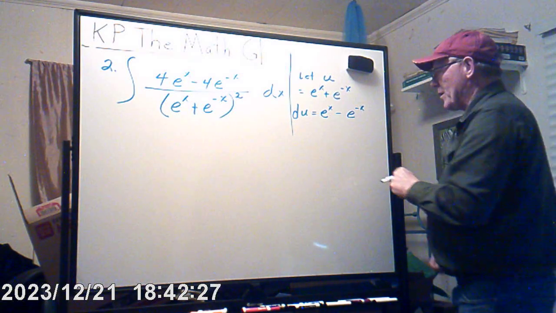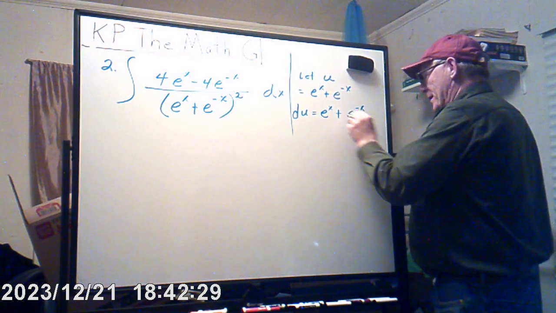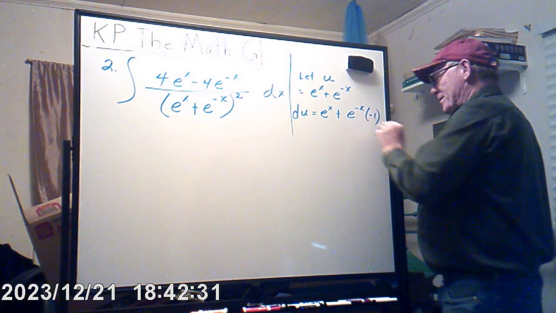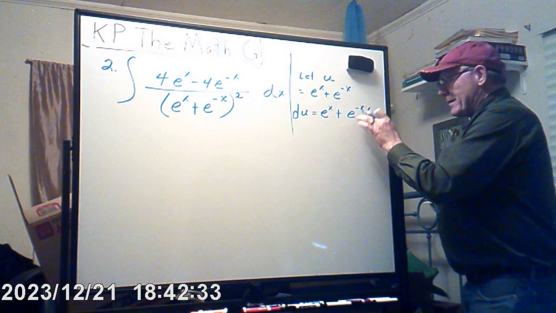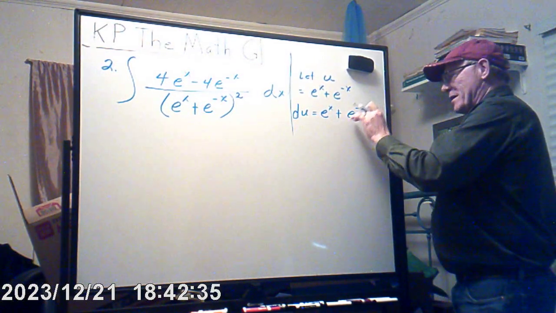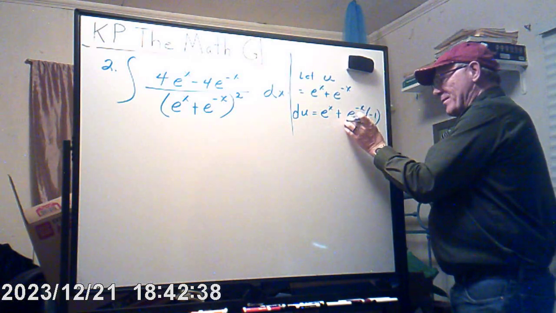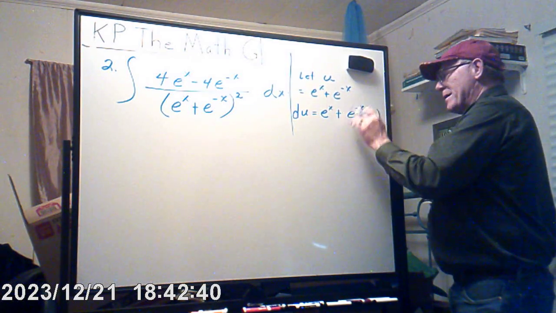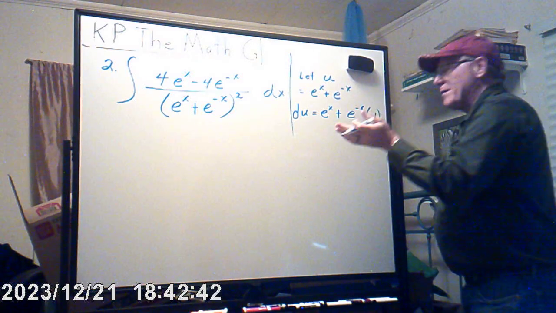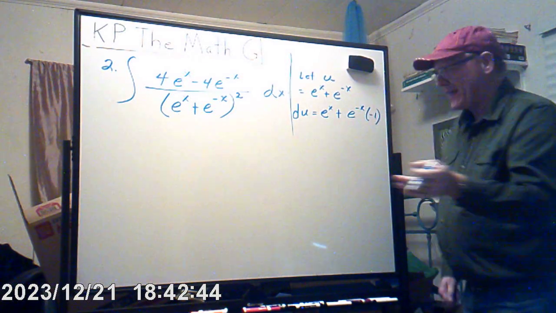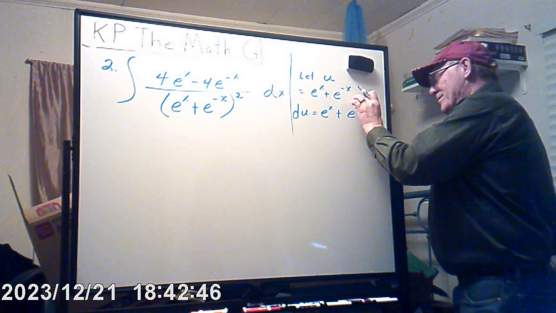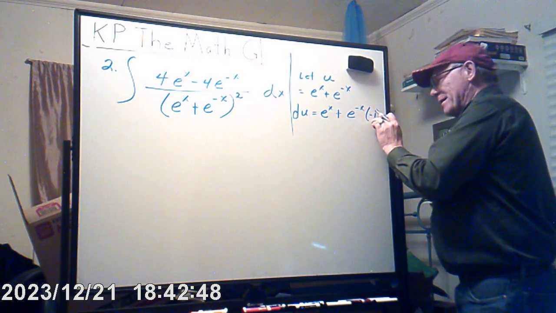Remember, the chain rule says we take the derivative of e to the u, which is e to the u, in this case negative x, times the derivative of negative x, which is negative 1.